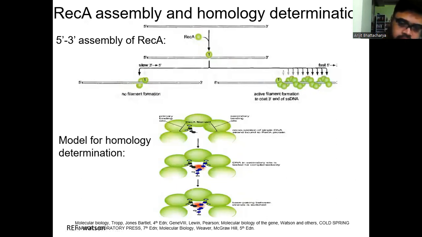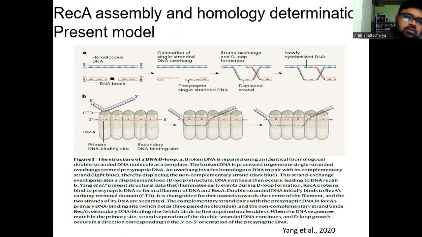And if the base pairing is stabilized, then only the strands are switched. So the DNA that is bound to the primary binding site is scrutinized for possible complementarity in the secondary binding site, and if it fits well, then only the strand exchange occurs. This was the initial hypothesis. Later on, in very recent times, it was observed that this RecA binding event is quite different.